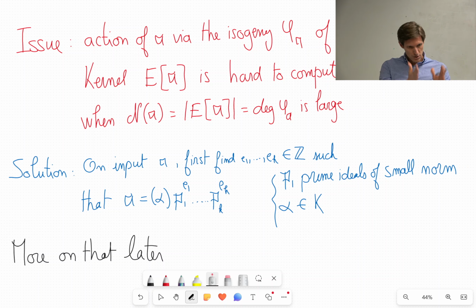But if you have it expressed as a product of small things, then each individual element in your product, its action is going to be easy to calculate. The problem, of course, is easier said than done. Taking an ideal and decomposing it as a product of small, quote unquote, prime ideals, that's not easy. But if you can do that, then your action is a lot easier to evaluate.